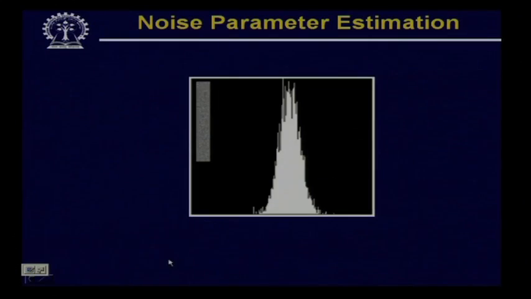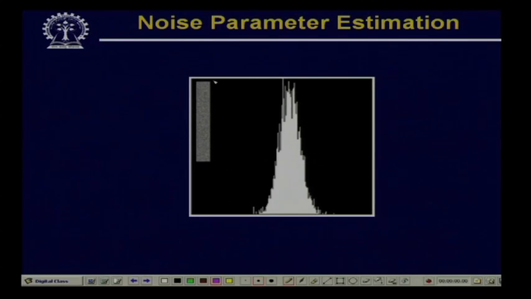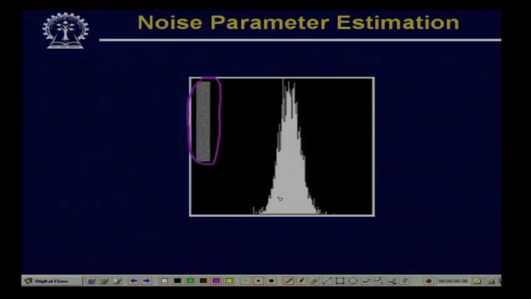So, as has been shown here in this particular diagram, this bar that has been shown is taken from one such noisy image, and this is the histogram of this particular region. And this histogram tells you the PDF of the noise which is contaminated with this image.